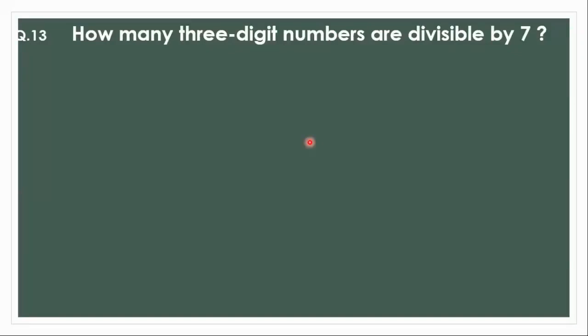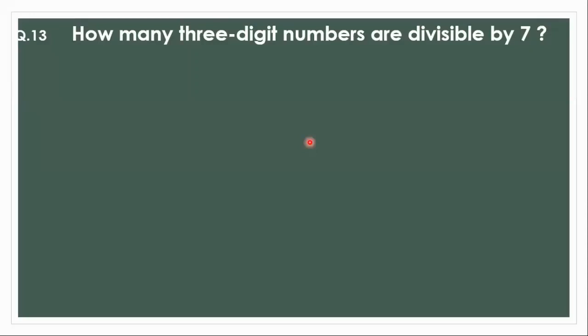Remainder is 5. That remainder you subtract from 999, and you'll be getting the last 3-digit number which is divisible by 7. Am I clear, children?